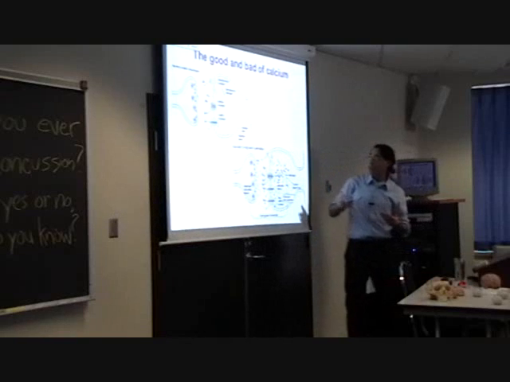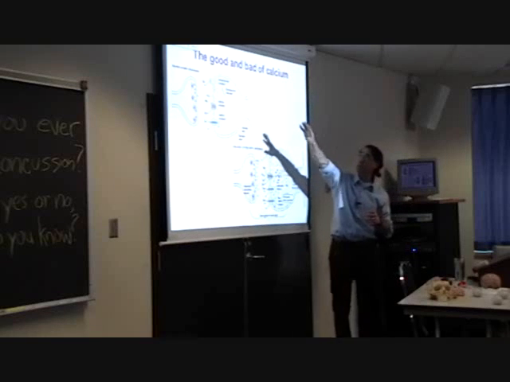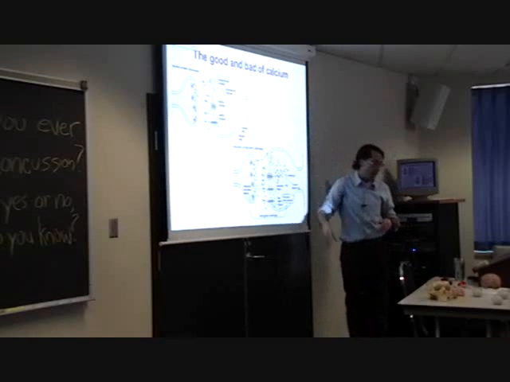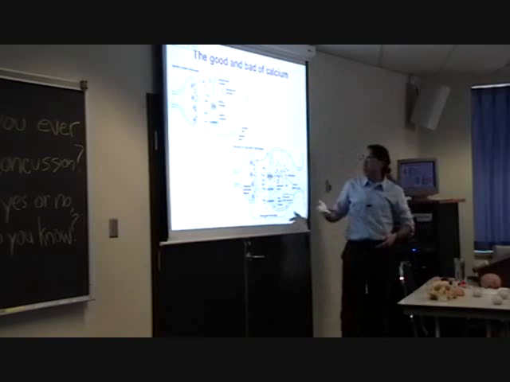So calcium is not always bad. Calcium is in fact very good, so that's why I have the good and the bad of calcium. When we're learning something, we want calcium to be coming in.